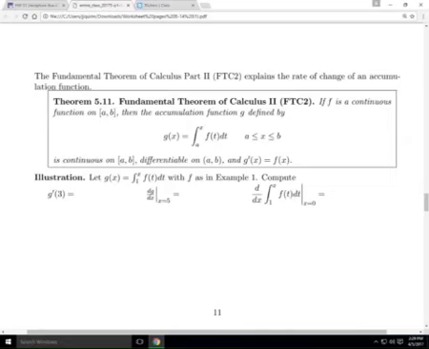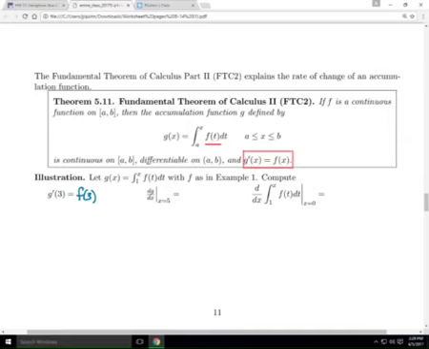And the idea here is if you're looking at a continuous function on a closed interval a,b, and you create the accumulation function starting at a and going to x of f of t dt, what this says is that the accumulation function that you create is continuous and it is differentiable, meaning it has a derivative.